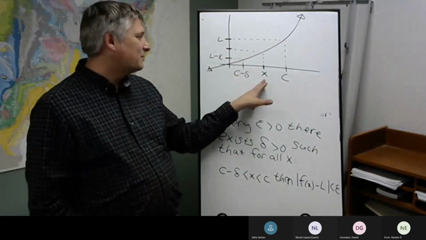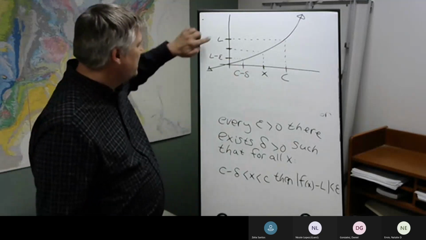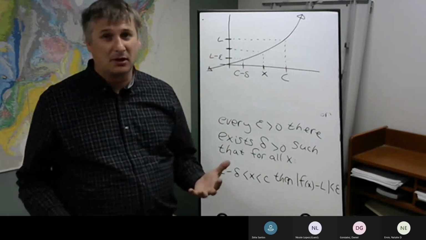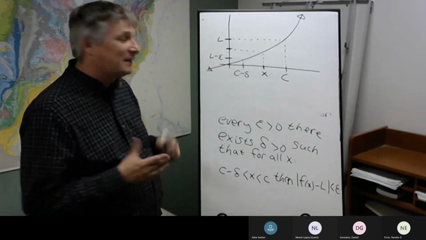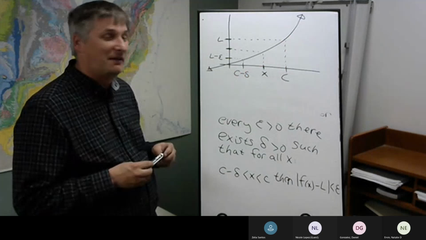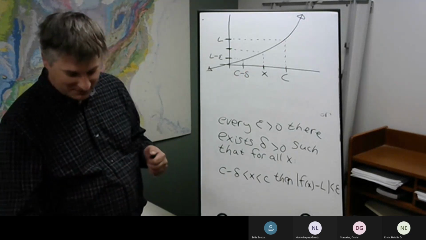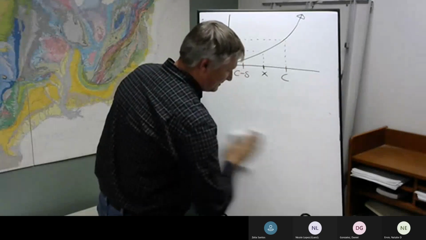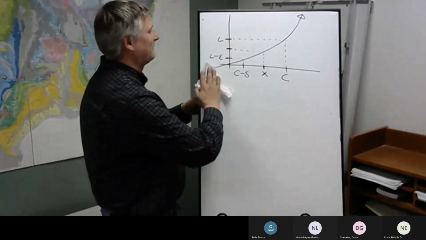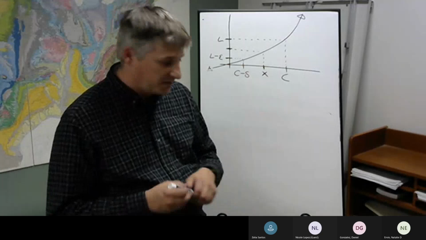If you choose an x between c and c minus delta, you're going to get a function value between L and L minus epsilon, or at least in this case, it'd be L minus epsilon. Any questions about that? So that's the idea of the more precise definitions for these.